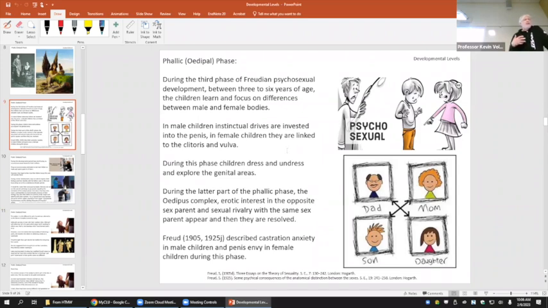Again, in males, at this stage, there is a growing awareness of the sexual organs. Male children's drives start becoming centered around the penis, and female children's linked to the clitoris, the vulva. At this stage, children dress and undress and explore their genital areas.